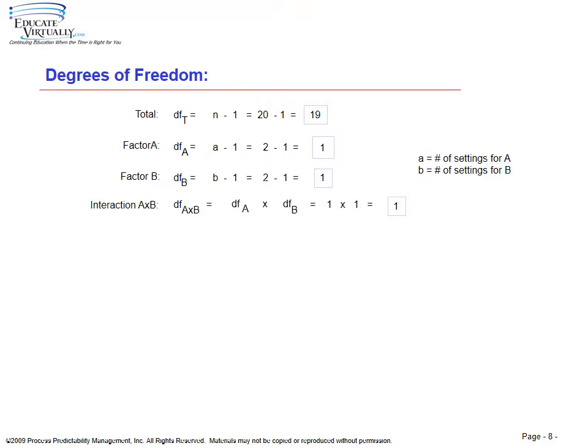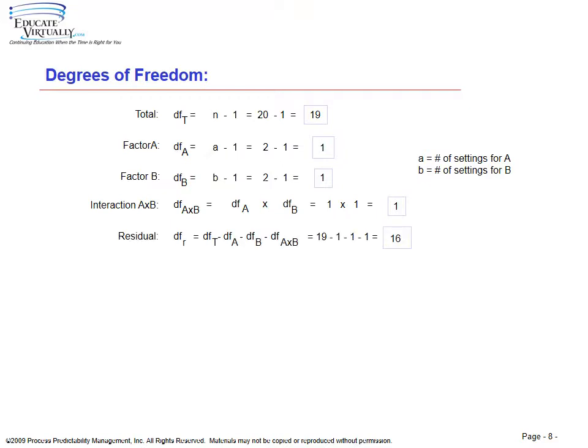The interaction, or the combined effect of A times B, or A cross B, we just multiply the degrees of freedom for A times the degrees of freedom for B to get the degrees of freedom for the combined effect, or the interaction. So that's going to be 1 times 1, which is going to be equal to 1. So now we've used up 3 degrees of freedom of our total 19 for our factors and our interaction.